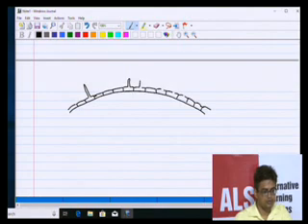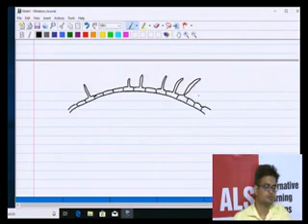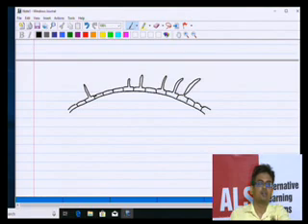So these are the root hair cells, elongated epidermal cells. Root hair can be very long, but still they will be unicellular only. In the middle I have shown a growing root hair, and on the right hand side a full length root hair. So this is the root hair.